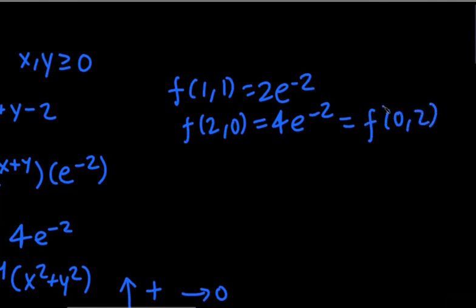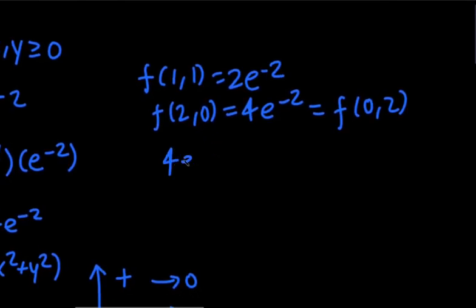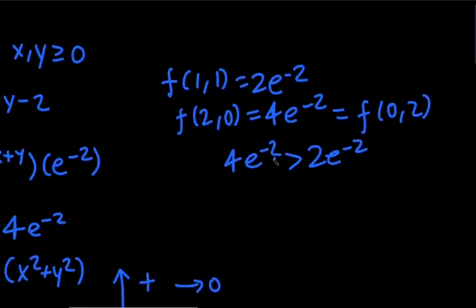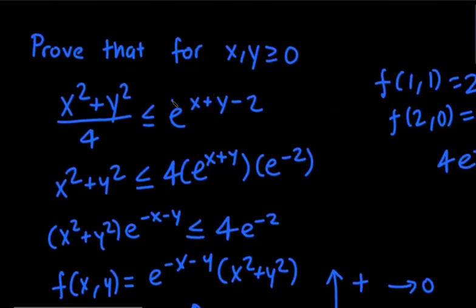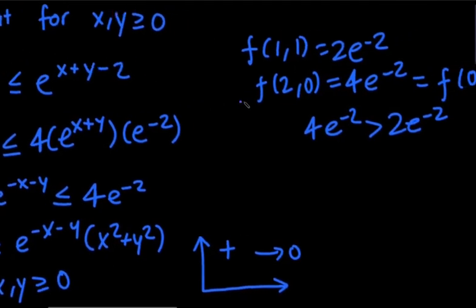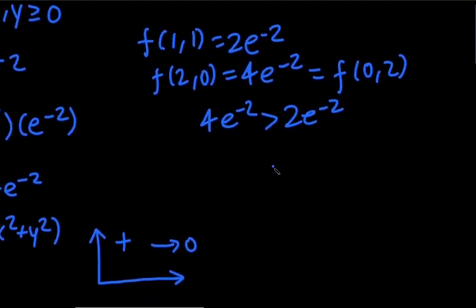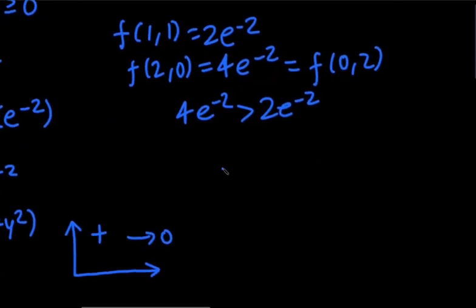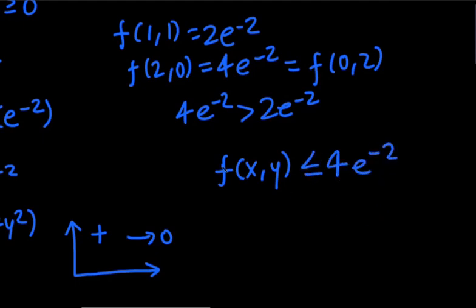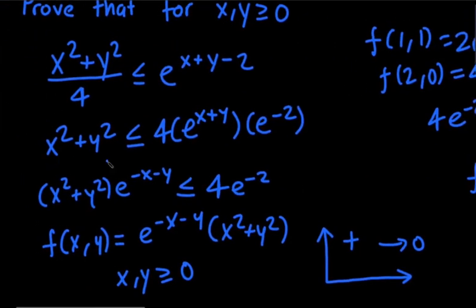Now clearly we have 4e to the minus 2 as bigger, and we already know from the beginning that our point is in the first quadrant, right? So our search is pretty much over. So what that means is, since this is the maximum value, we have that our function is less than or equal to 4 by e squared, and our function is just this, right?